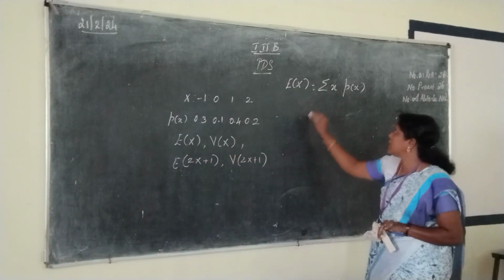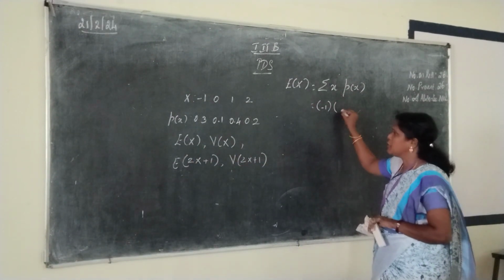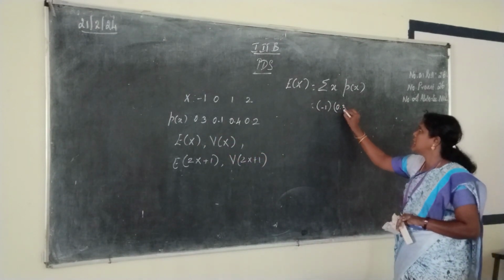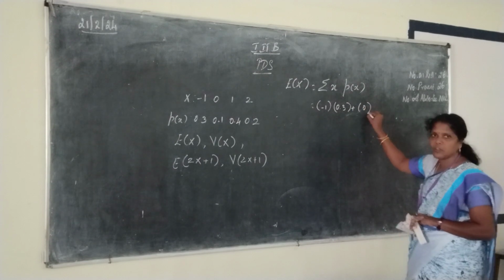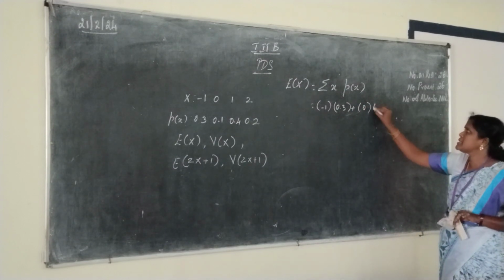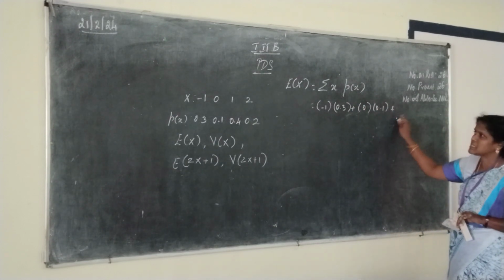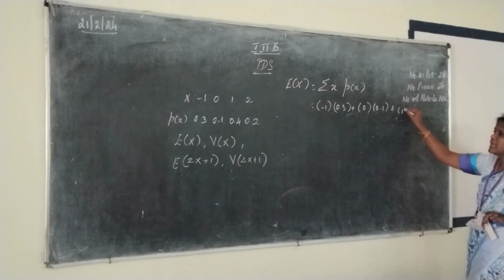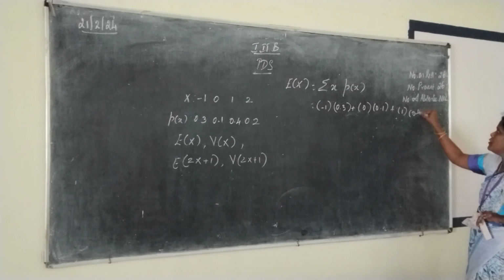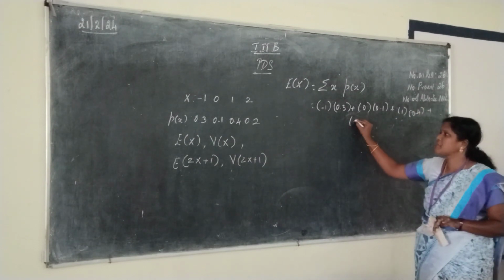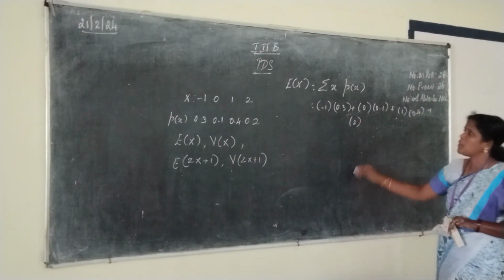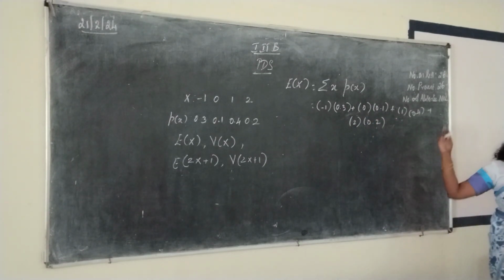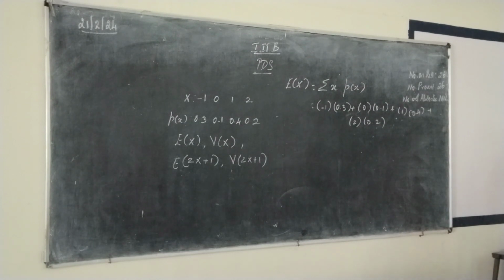So first x value is -1 into the corresponding probability value 0.3, plus next x value 0 with probability 0.1, plus the next x value 1 with probability 0.4, plus next x value 2 with probability 0.2. That's all. Multiply x with the corresponding probability value. Find the answer.